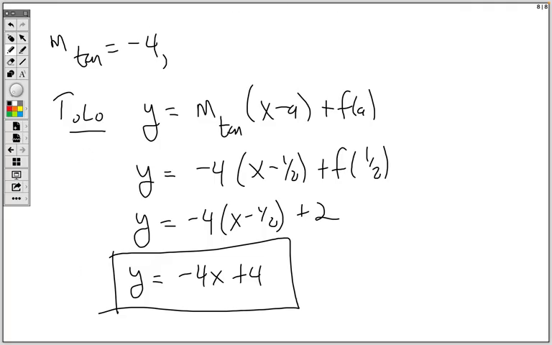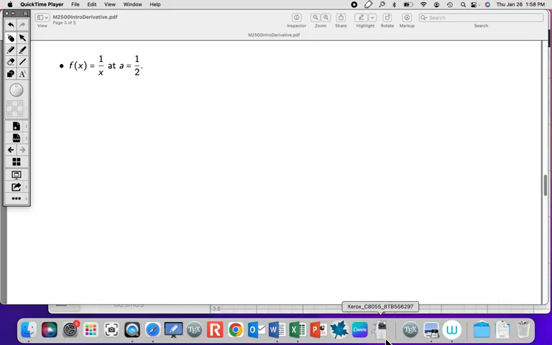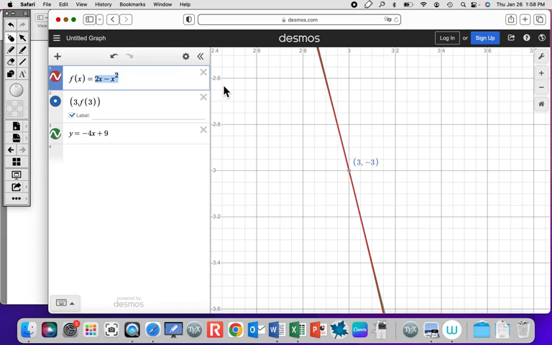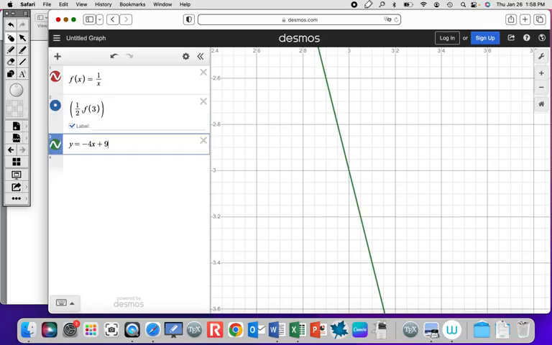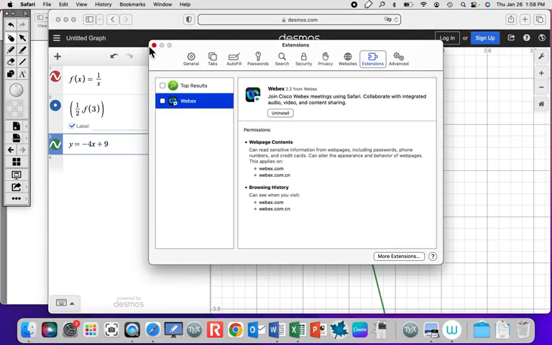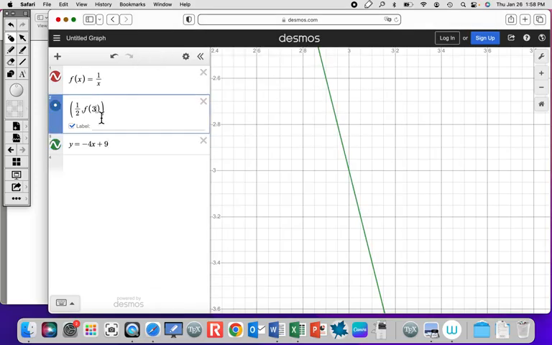So let's fire up Desmos. So now our function is 1 over x. We're looking at the point 1/2 comma f of 1/2.